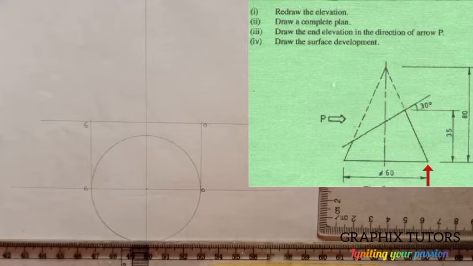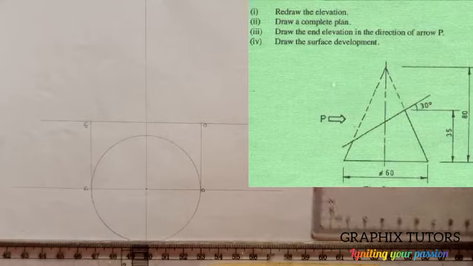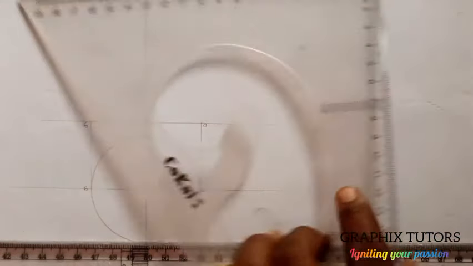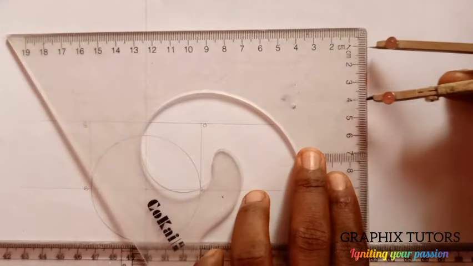Now, we are given the height of this cone to be 80, right? The height of the cone is 80. So I'm going to take my compass and my rule. I'm starting from 1.